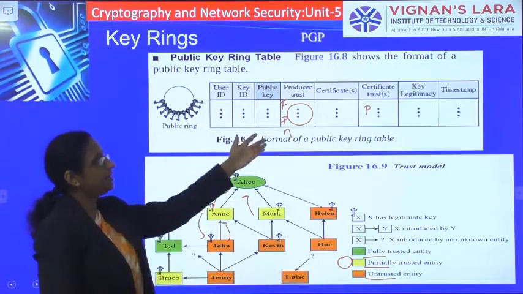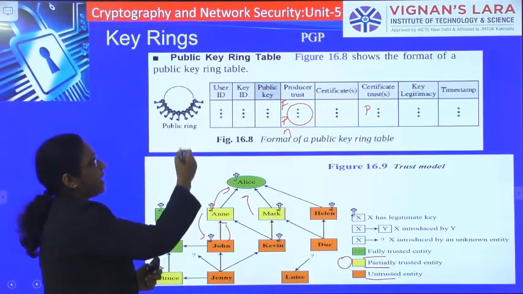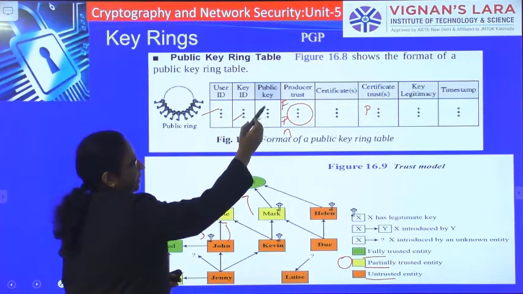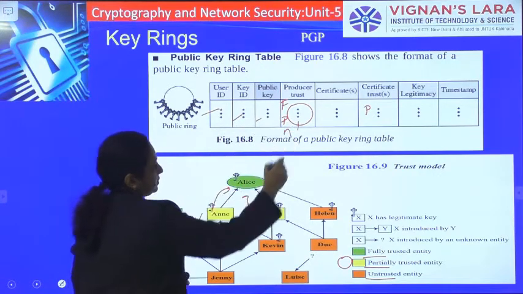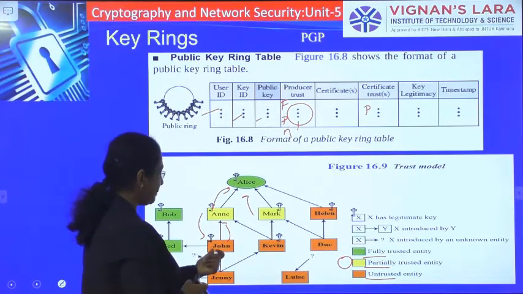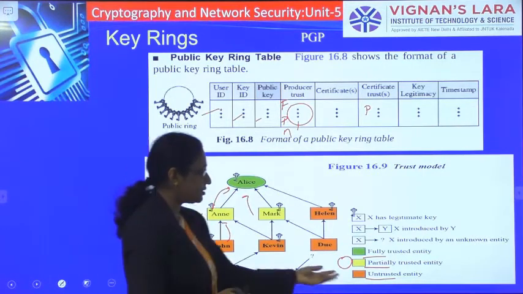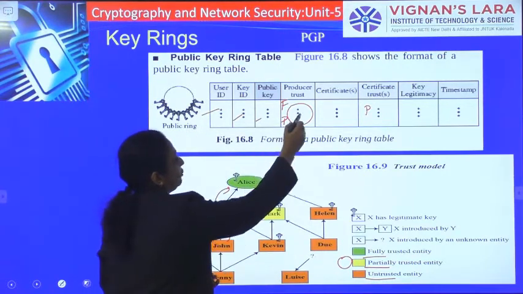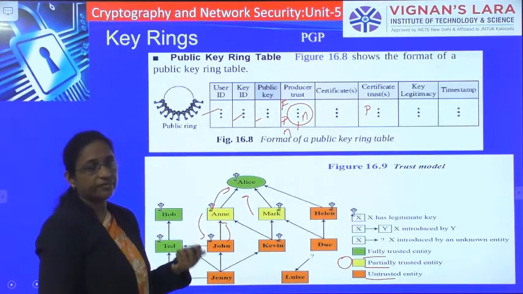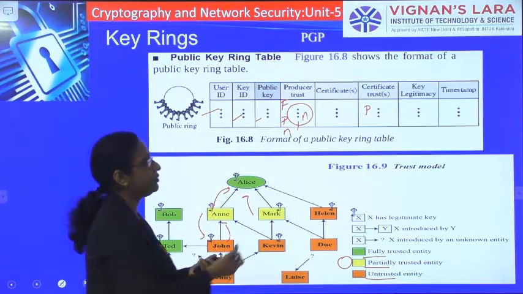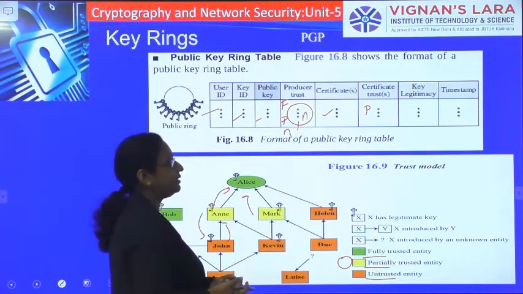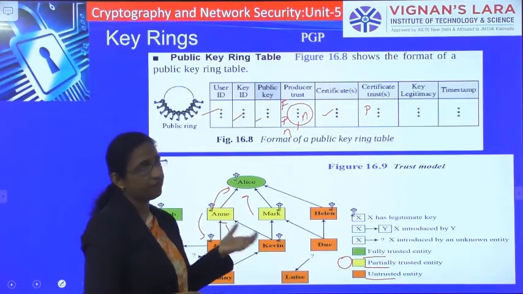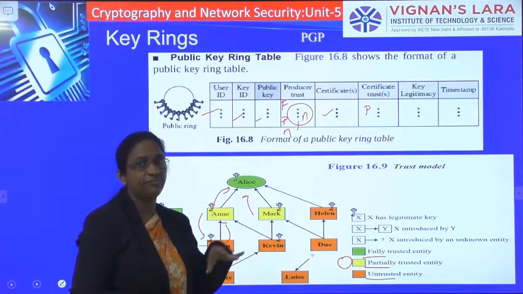Suppose this is John's node. Here you will have John's user ID, John's key ID, John's public key, and how trustable John is. If John is not trustable, since John is not trustable, you will be writing N here. Whatever certificates John has will be stored here. Then certificate trust means that the certificate for John has been signed by others.